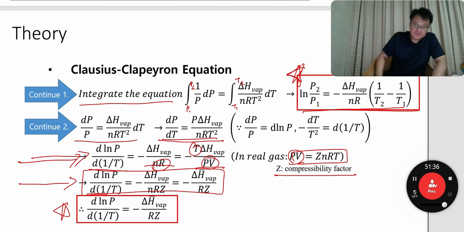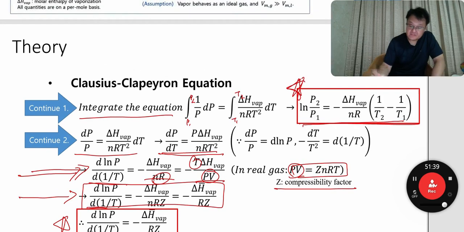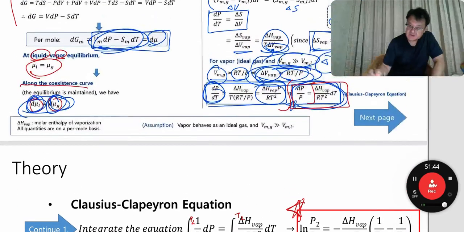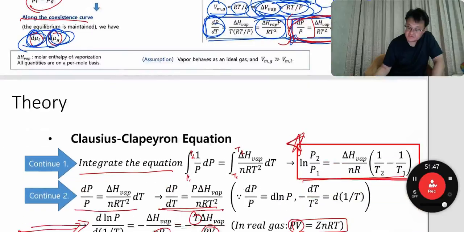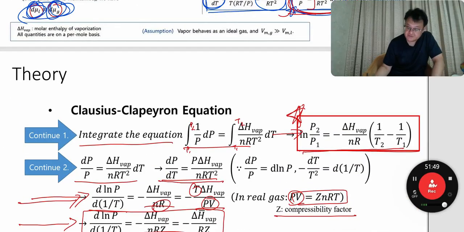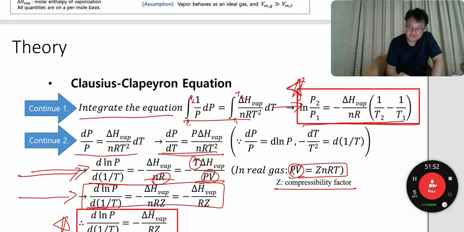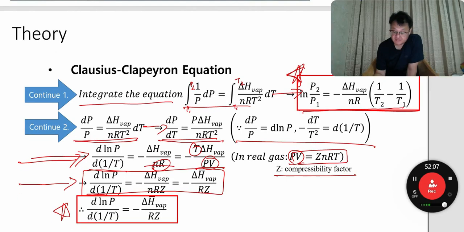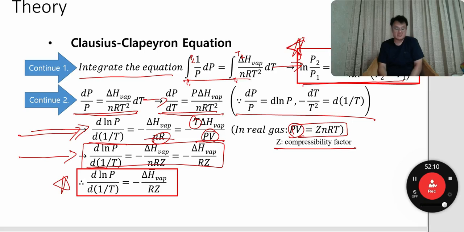So starting from the end of the last slide, starting from this, you make an integral and come up to this equation, or probably you go ahead further and rearrange using these relationships, and then consider the real gas compressibility factor, and ultimately you come up to this equation, right?